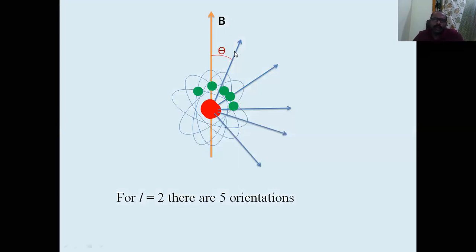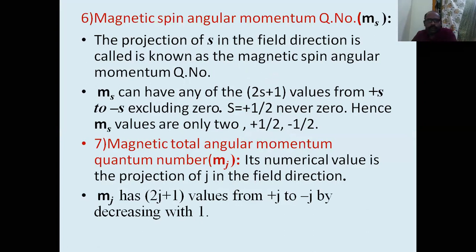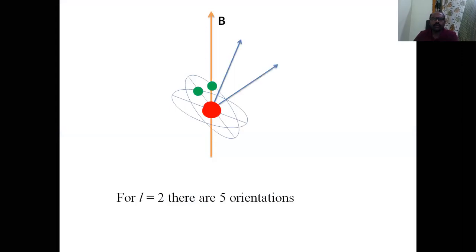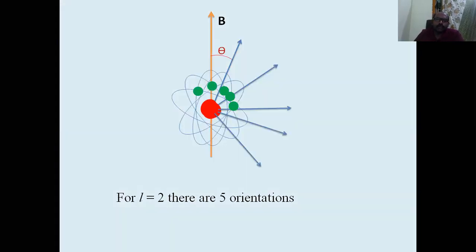I have kept one direction constant for clarity, to identify the relative orientation. I have fixed one direction, but any one direction only exists for a particular electron. So that was fixed to identify the difference, and these are the possible directions. So totally it is the picture if we see at a time. For L is equal to 2, there are 5 orientations.